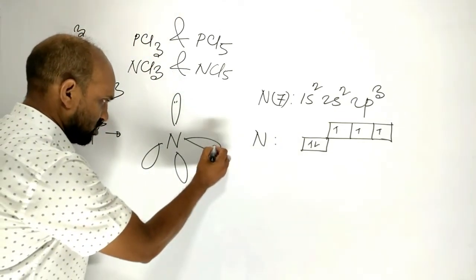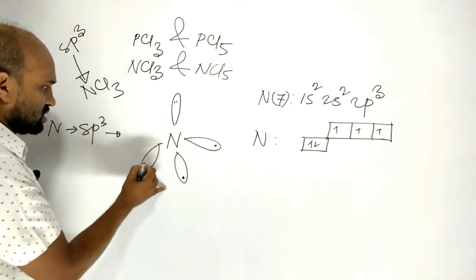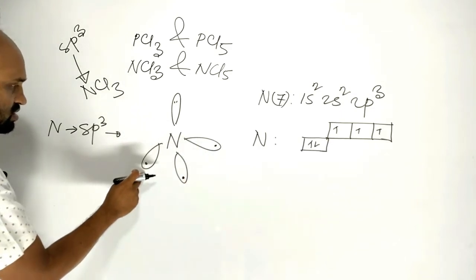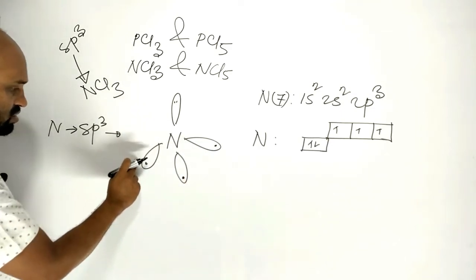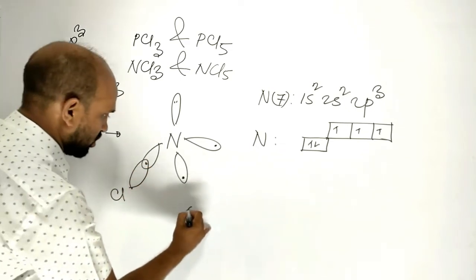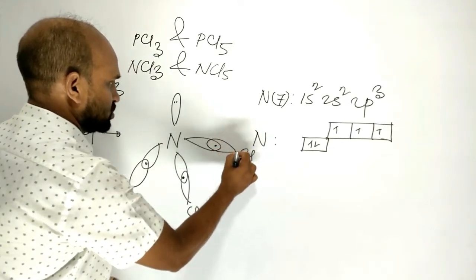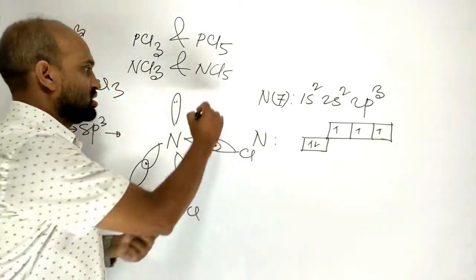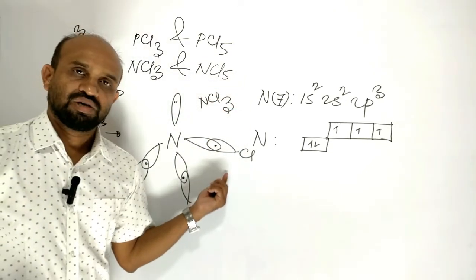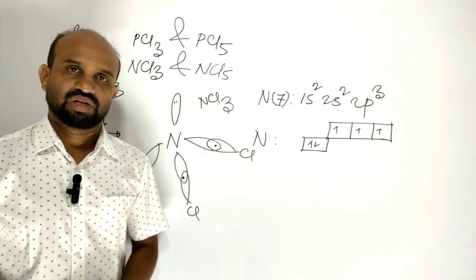With these orbitals containing unpaired electrons, chlorine forms covalent bonds in this way. So this is the way nitrogen trichloride is formed. The shape of nitrogen trichloride is trigonal pyramidal.